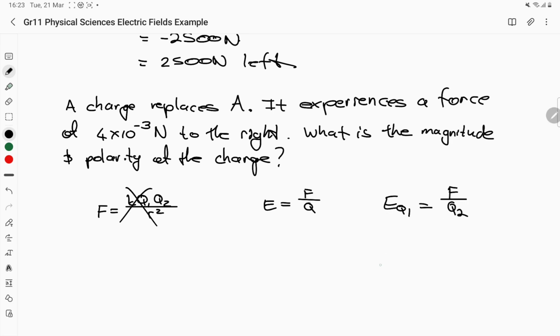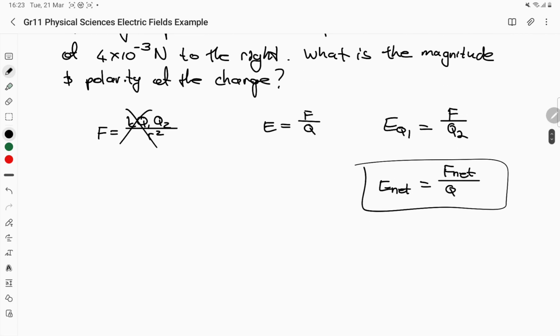But what we can also do here, which is very important, is say that the E net, the total electric field strength at a point, is equal to the total force experienced at that point over the charge at that point. So we're going to be using this. Now, what is the total electric field strength at point A?